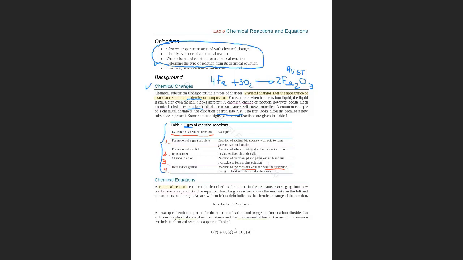So the only point, take the heat with a grain of salt, which means that it is a sign, but it's not always. Not all chemical reactions will give off heat or gain heat. So this is basically the 4 signs that I would like you all to remember.